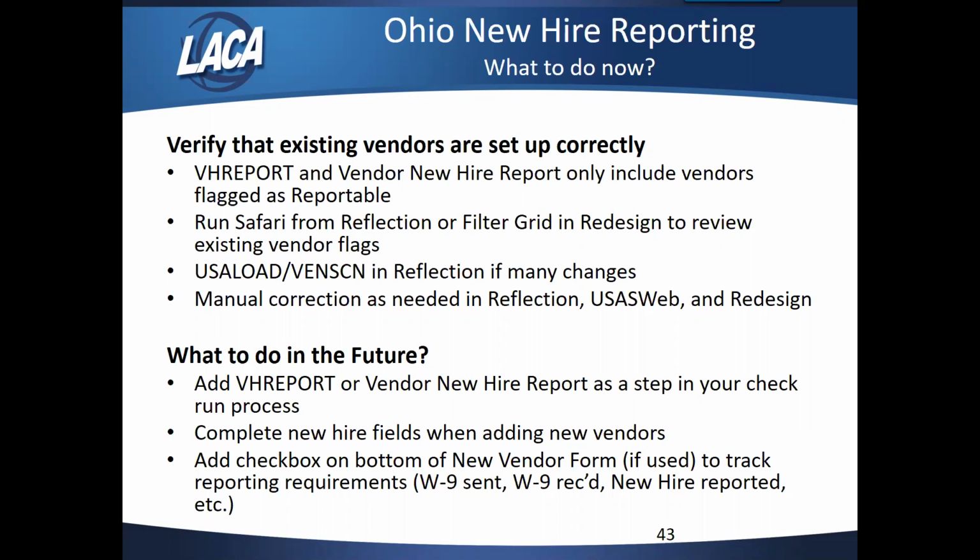Then going forward, again, make sure VH Report or Vendor New Hire Report is something that you're running regularly, and make sure that you're always updating those new hire fields when adding new vendors.